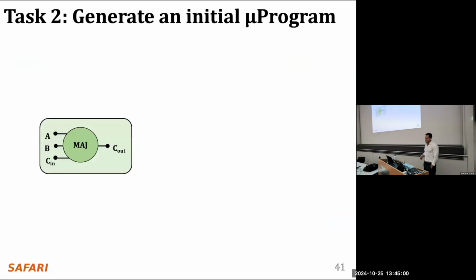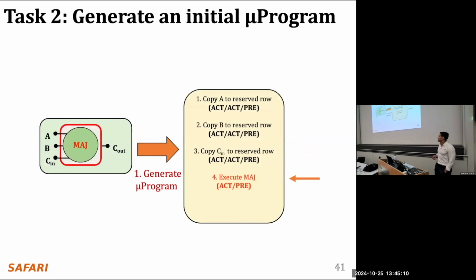So the second task is that now that I know how those inputs and outputs are going to map to in-DRAM rows, I can start generating the triple row activations and in-DRAM row copies that would realize this operation.